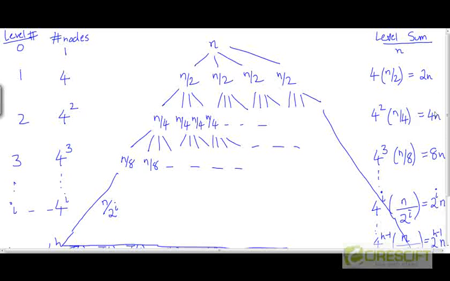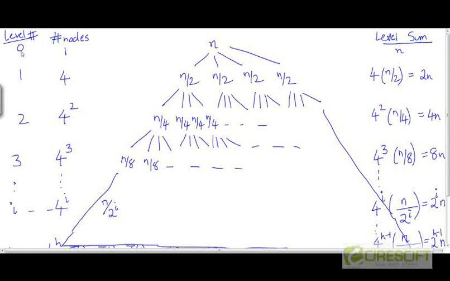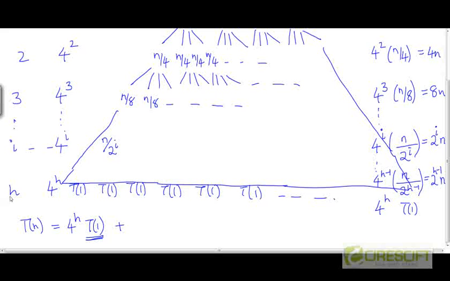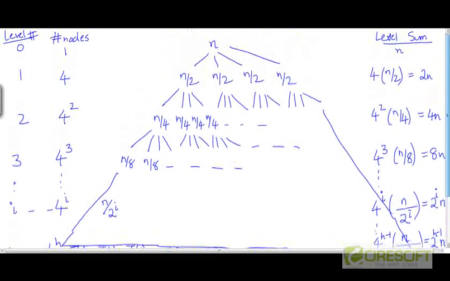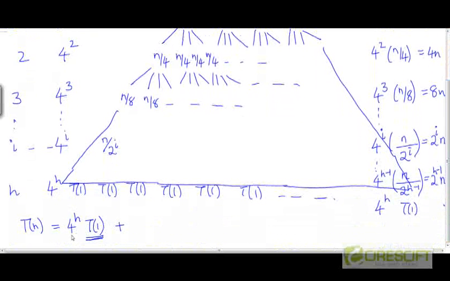Note that there are a total of h plus 1 level sums, because we start from level 0 and we go all the way up to level h. The very last of them is 4 to the power h times T(1). And so the remaining h are going to be terms of the form 2 to the power i times n, where i varies from 0 to h minus 1.